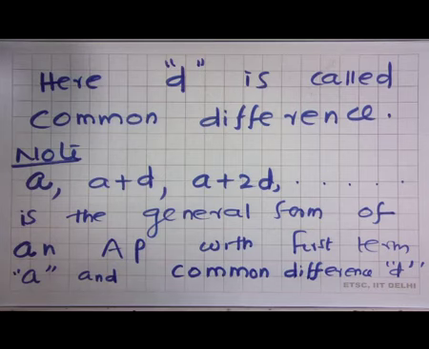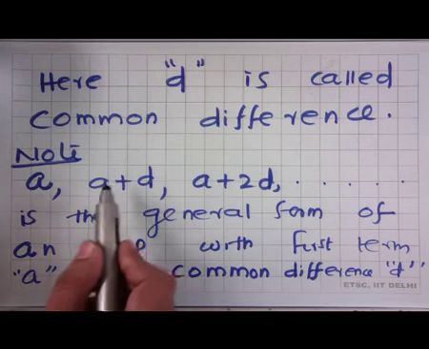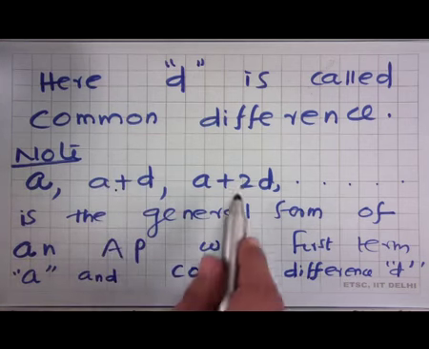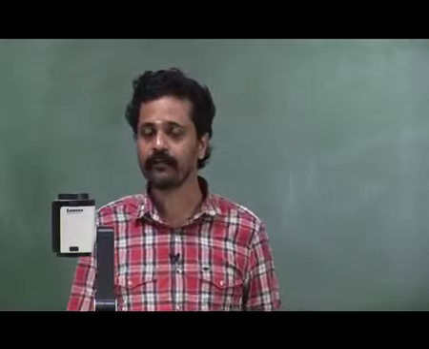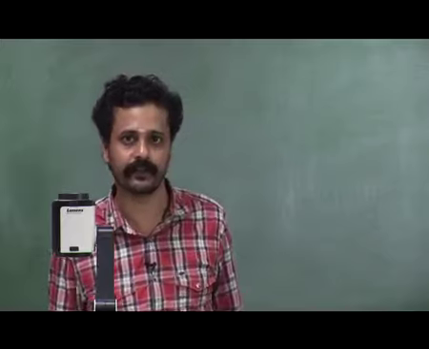Observe that when we have three terms in the AP, a, a plus d, a plus 2d, there are two common differences that you can work on. Difference between second and first, difference between third and second. In fact, they will be the same. If there are 5 terms, you can work with 4 common differences.